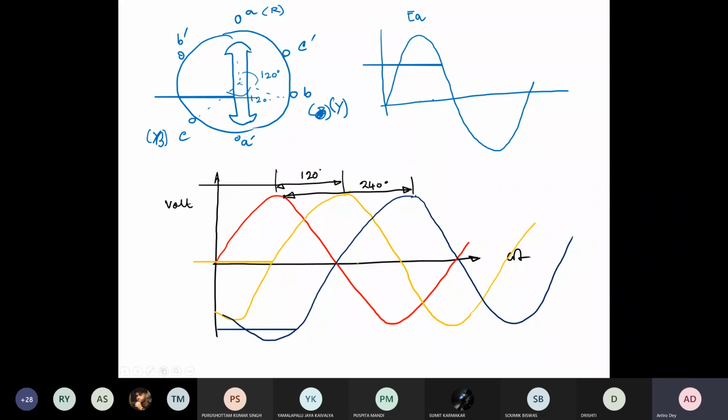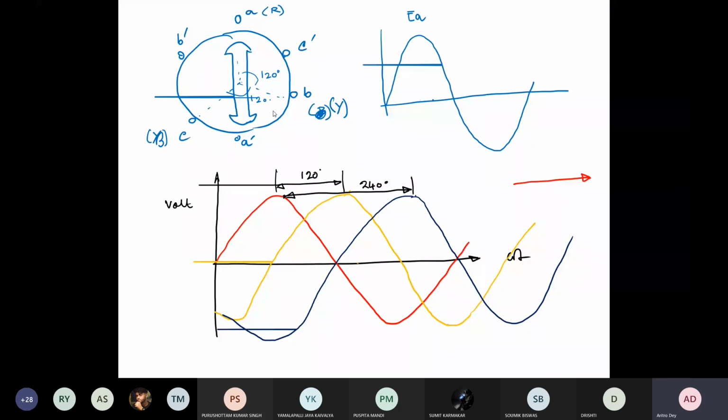So if you take your red phase to be a reference phasor, all the magnitude, Emax, will be the same because we are using the same number of turns, and we are placing them together at this A dash. Within this A dash, if we keep on winding more turns, the higher the number of turns, the higher will be your induced EMF. So that we keep the same for B dash and C dash set of coil.